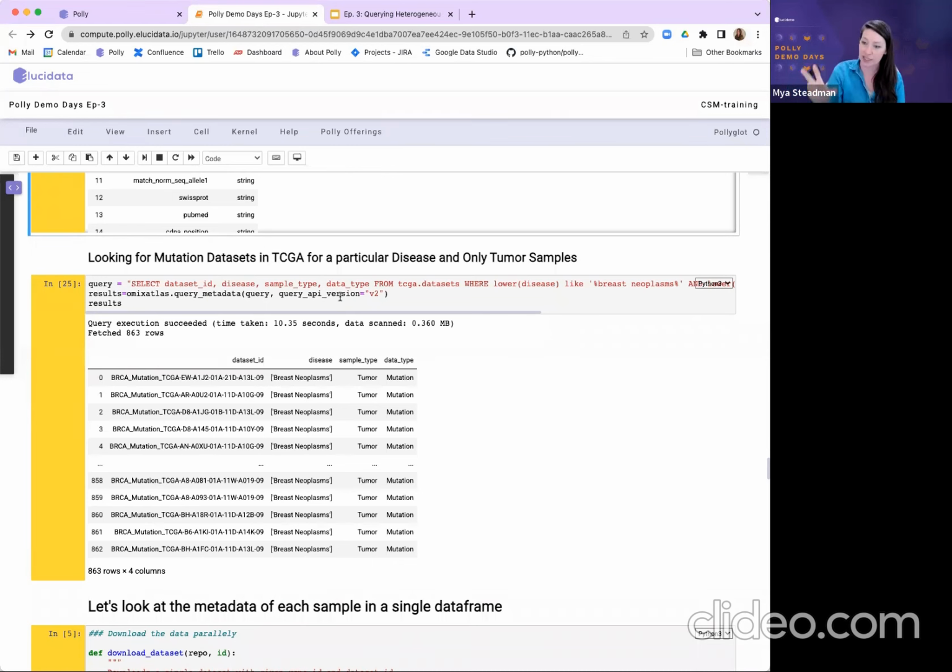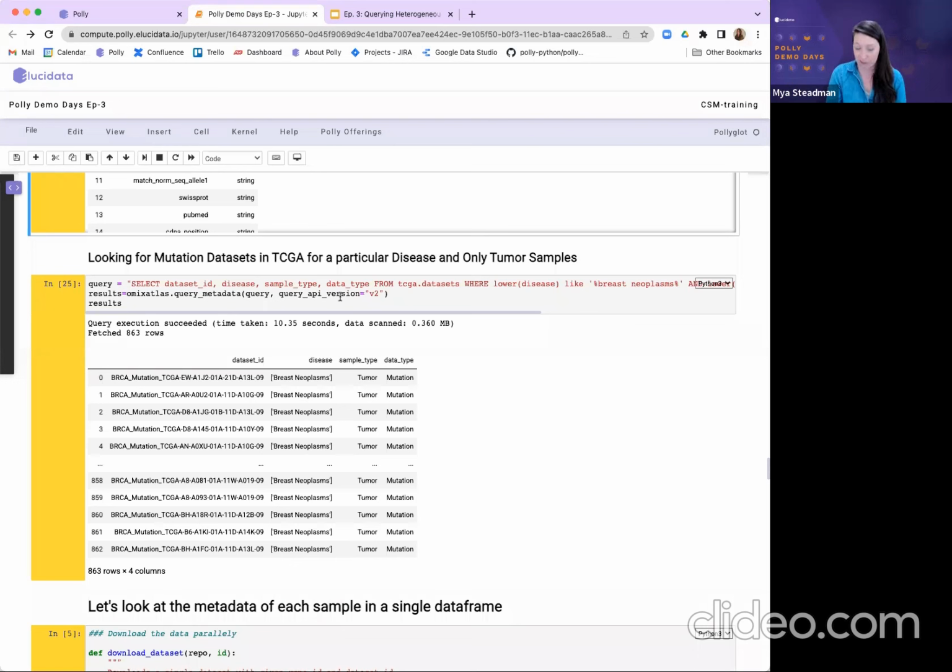We're using a very similar form of search, no matter how granular or how broad we're looking. And that makes it a much lower barrier of entry to access the data and find the data that we need. You're not relying on that one person in your lab that is the whiz at TCGA. Anybody can come in here, and if you can learn SQL, you can find this data.